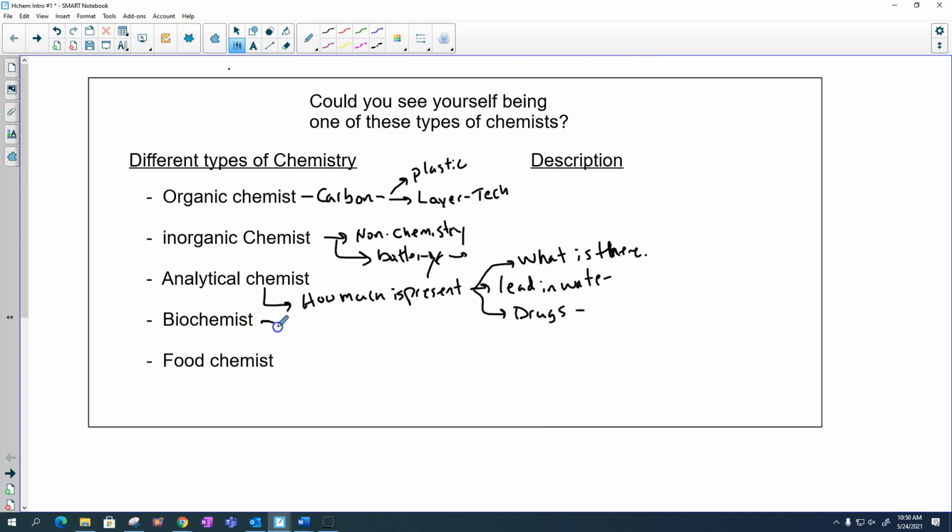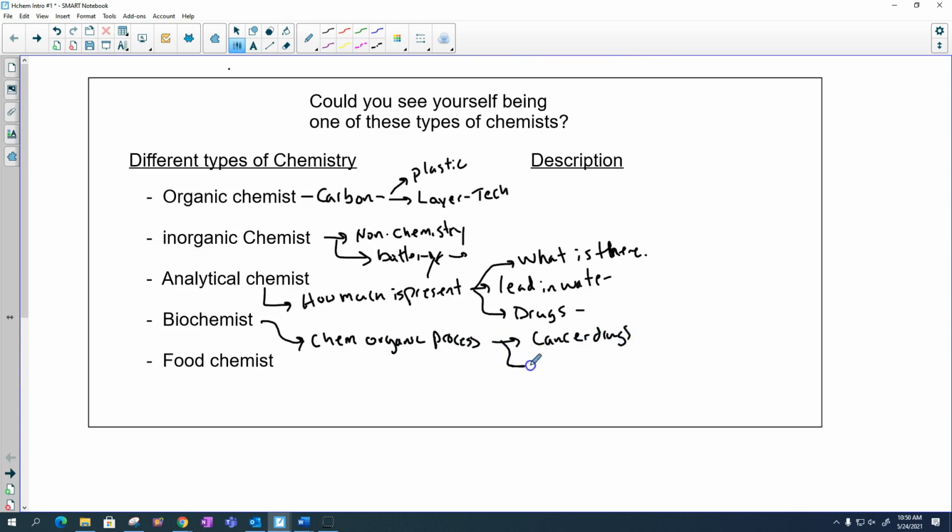Let's say a biochemist. Now, this is a little different than an organic chemist. This is someone who would be looking at the chemistry of your actual processes, of organic processes. This might be someone who could be developing, let's say, cancer drugs.